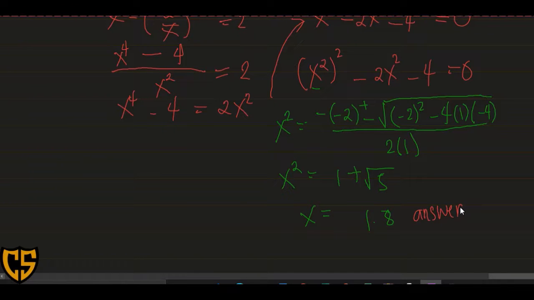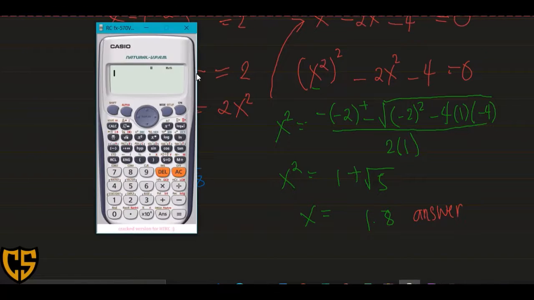Now we are going to find the value of y. So hapos lang no, for the value of y, let us just substitute it sa aton nga equation number 2. Ang aton nga equation number 2, y naton is equals to 2 over x. So this is 2 over 1.8. So 2 divided by 1.8.